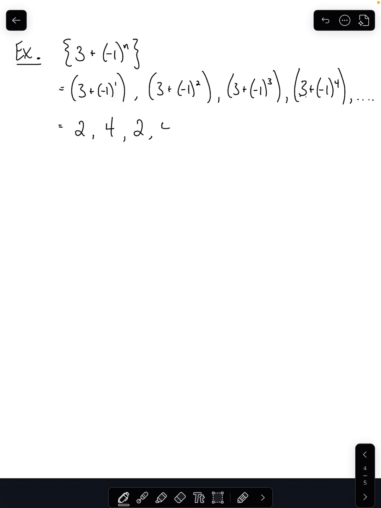So what we end up with here is something known as an alternating series, in the sense that it alternates between the two values 2 and 4 forever. In this case, the limit as n approaches infinity does not exist.